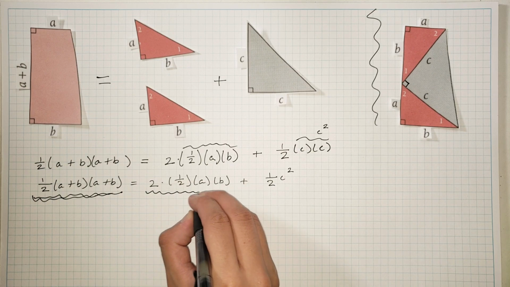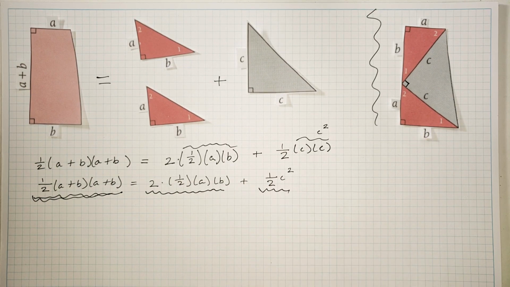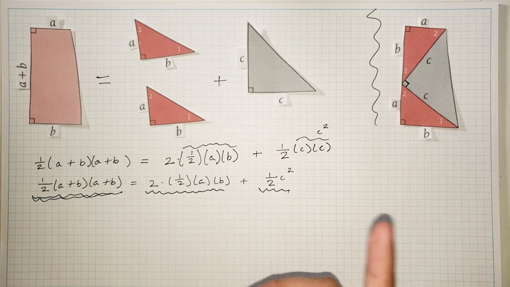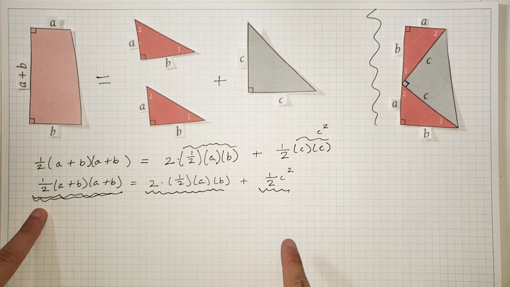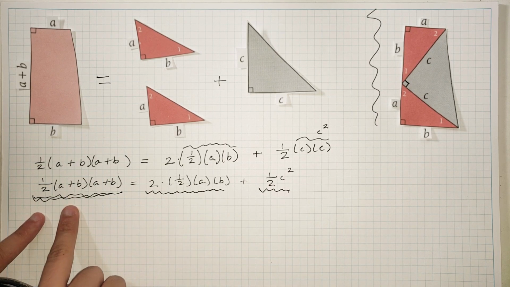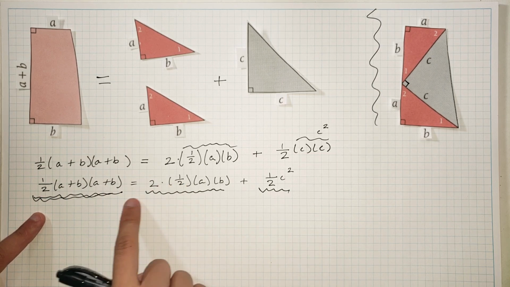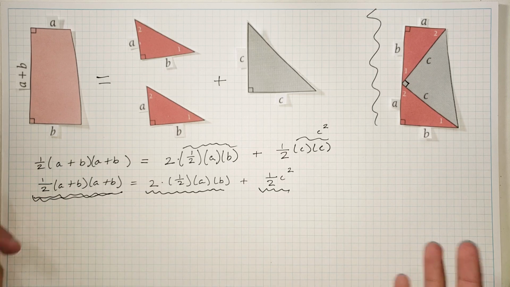Multiply this whole piece here by 2. And we're going to multiply this whole thing here by 2. So in other words, we're going to multiply both sides. What you do to one side, you do to the other side. So I'm going to multiply this side by 2 and this side by 2. And that's the same thing as multiplying every single thing by 2.